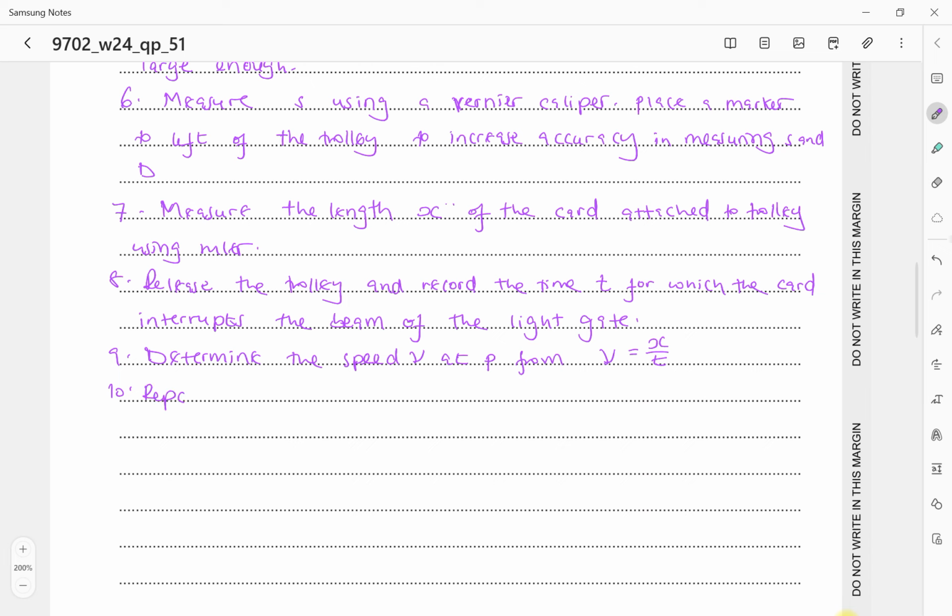So repeat the experiment for the same value of s, and obtain an average value of v.